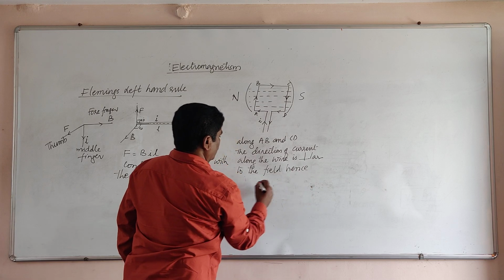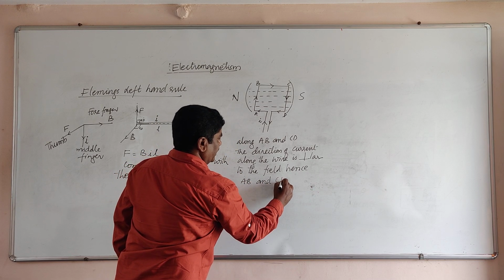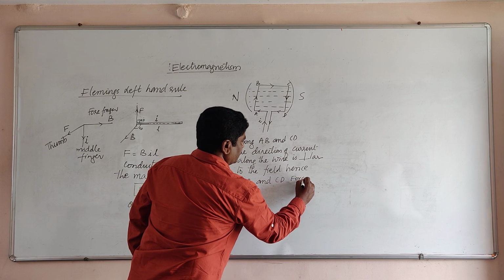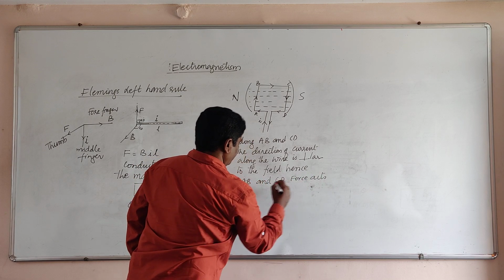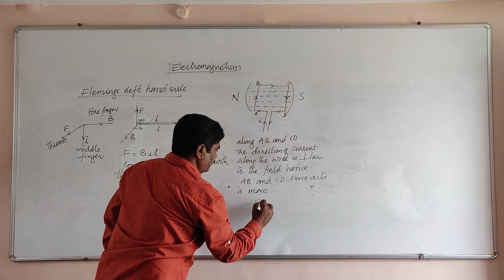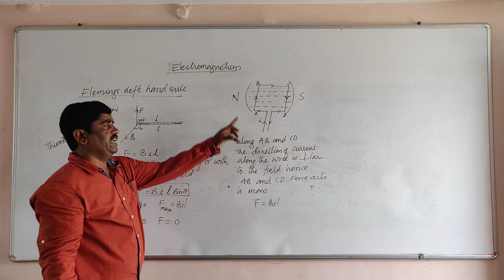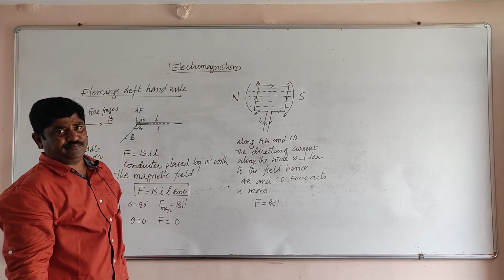Hence, on AB and CD, the force acting is maximum. That is, F maximum is equal to BIL along AB and CD.